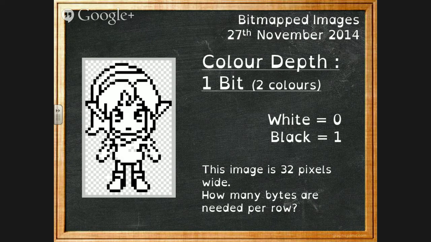So if this image, and I have counted it, is 32 pixels wide, how many bytes do I need to represent each row of this image? Try and work this one out. If I have 1 bit per pixel, and it's 32 pixels per row, how many bytes is it?